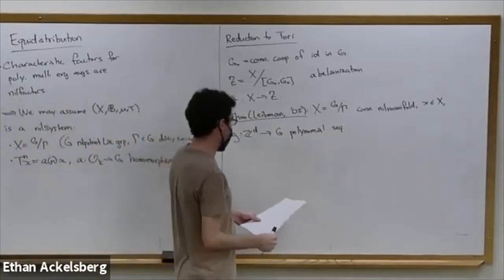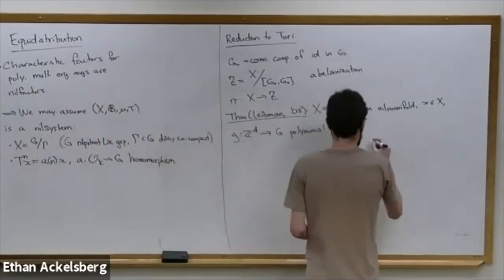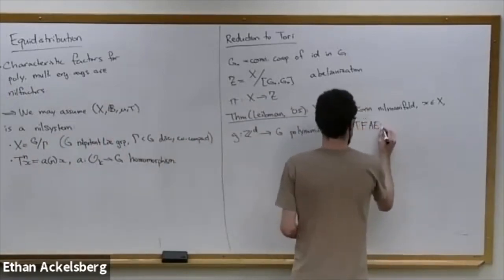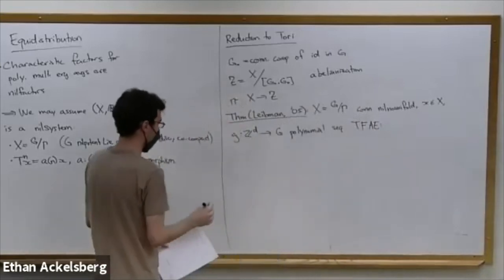So if you have a polynomial sequence in a connected nil manifold, then you have a bunch of equivalent statements.